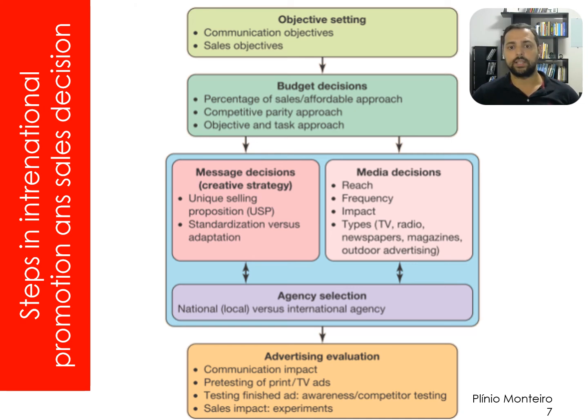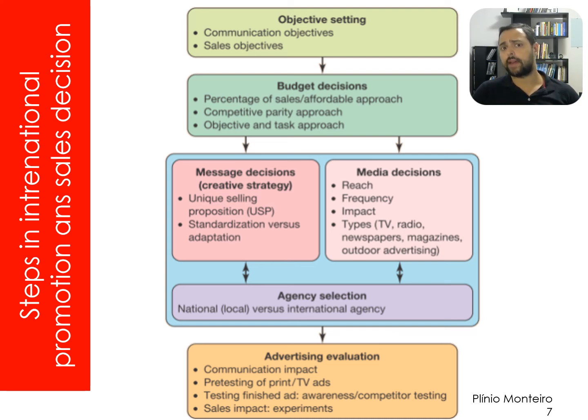After setting your objectives, then you need to set your budget. In that case, you need to select one of the different approaches that can be used for finding the budget for your campaign. After that, you need to make two complementary decisions. First, the message decisions, basically related to what is the main message that you're trying to send to the market.